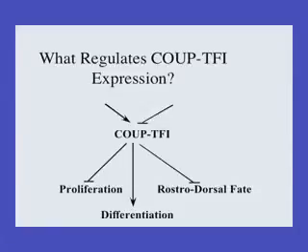So this is a nice correlation that might explain why we see, with overexpression of COOP, decrease of rostral identity, decreased proliferation, decrease of dorsal specification as well. So COOP-TF1, we think, is an important transcription factor in patterning the cortex through repression of proliferation, promoting differentiation, and repression of rostral dorsal fate.